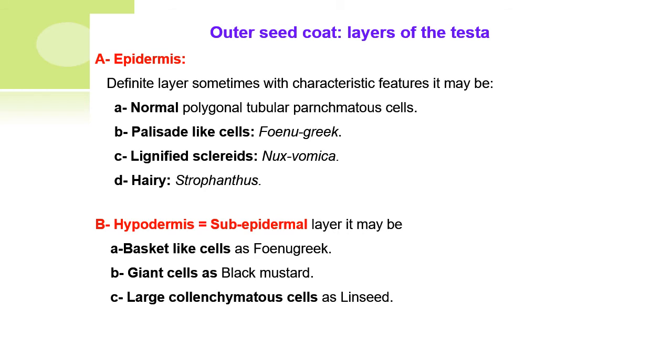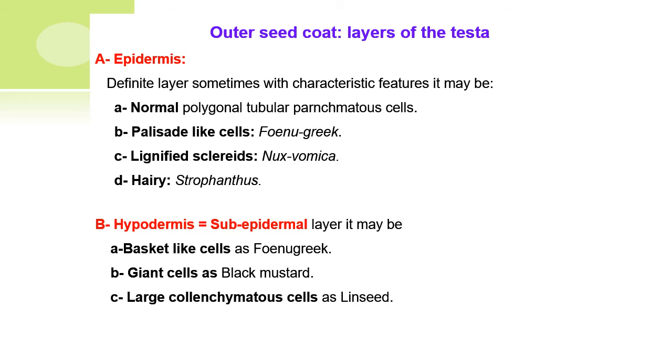The first layer is the epidermis, which is a definite layer, sometimes with characteristic features. This layer may be normal polygonal tabular parenchyma cells, or palisade-like cells as in fenugreek.